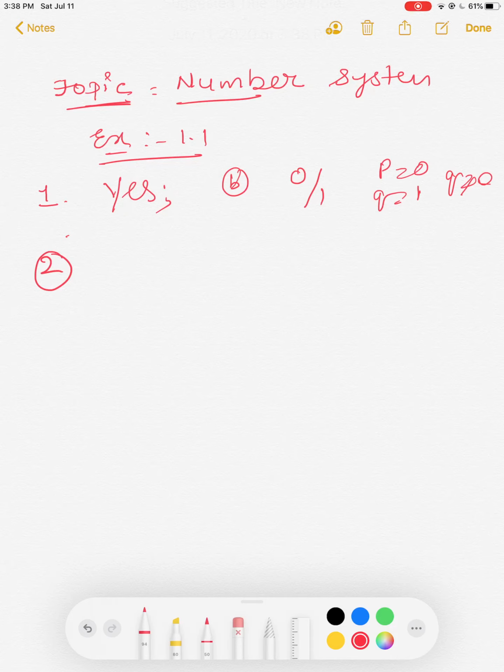Question you copy down from your textbooks. 3 and 4, you have to write the rational numbers between these. Now these are whole numbers, natural numbers and integers also. Let us first write 3 upon 1, by taking 1 in the denominator, let us write it as a rational number. In the same way, 4 also, 4 upon 1.